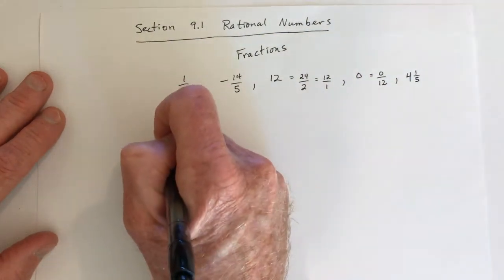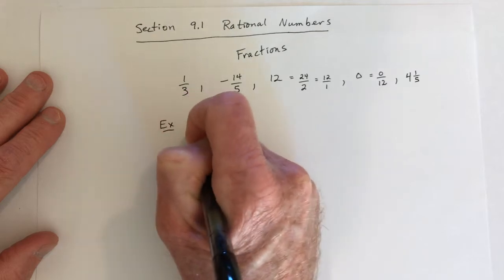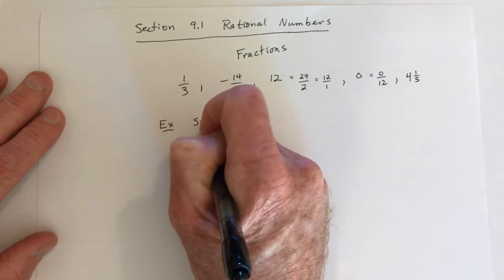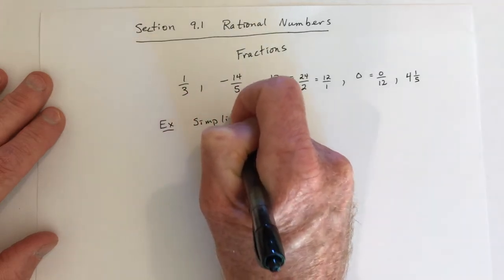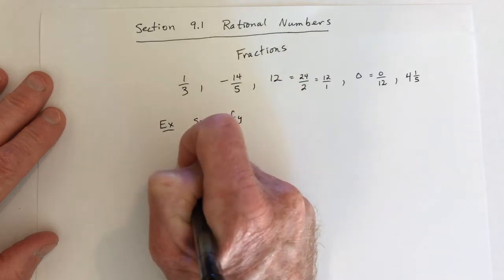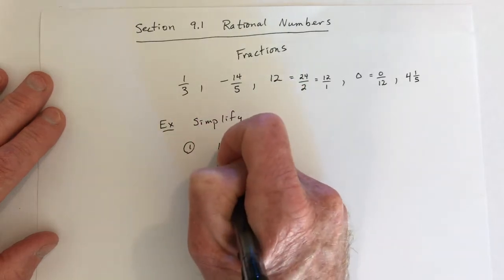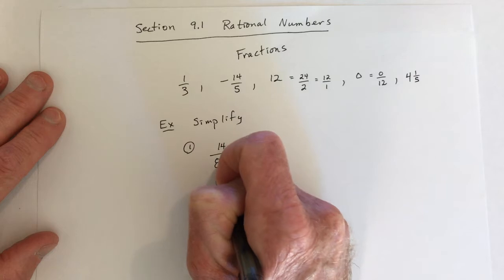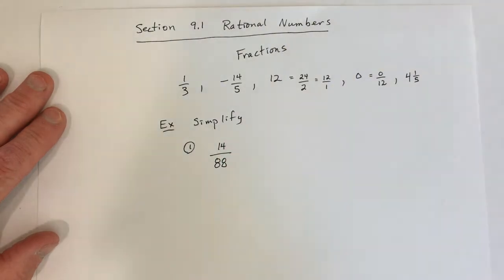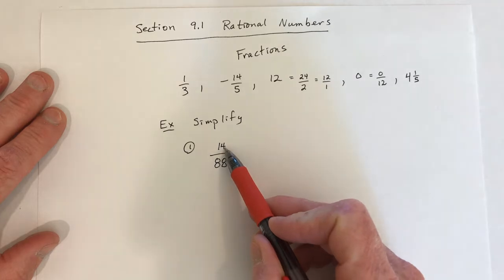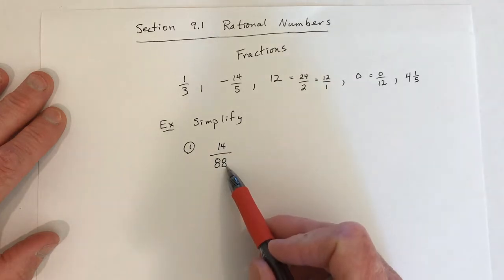So one important thing with fractions is being able to simplify. So how about if it was 14 over 88? To simplify, notice that this is an even number and this is an even number.